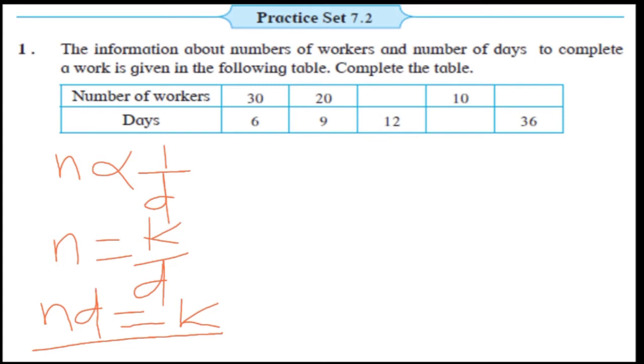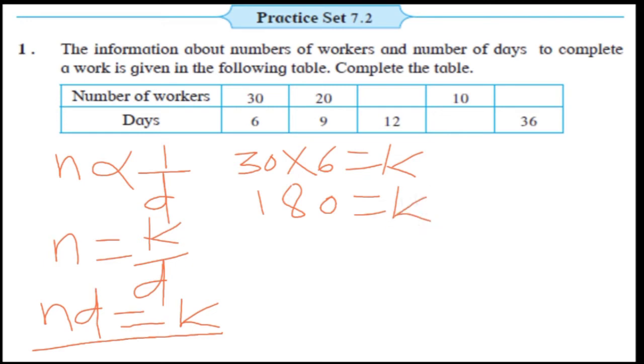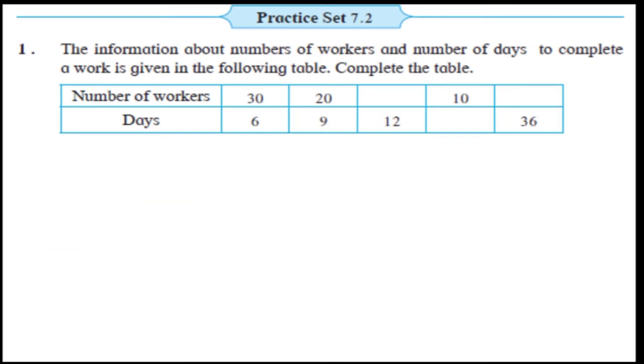Then first example, n is 30 and d is 6. Put this value in this equation of variation. N is 30 multiplied by d is 6 is equal to k. 6 3s are 18, means value of k is 180. Now substitute this value of 180 and solve the examples. K is equal to 180.